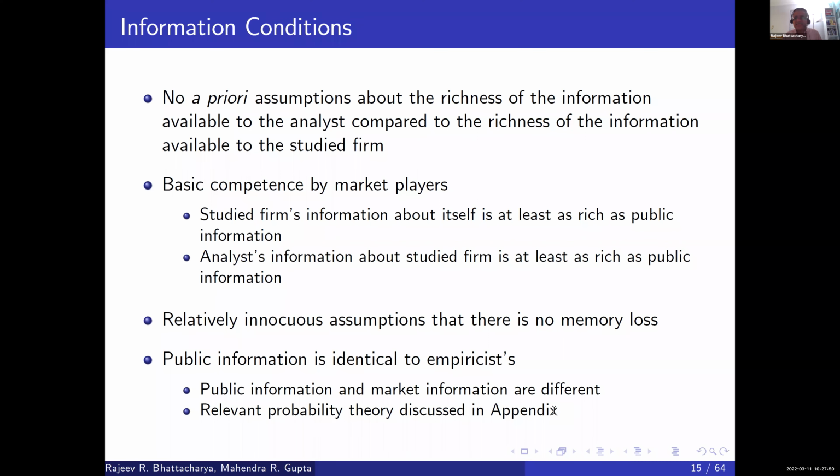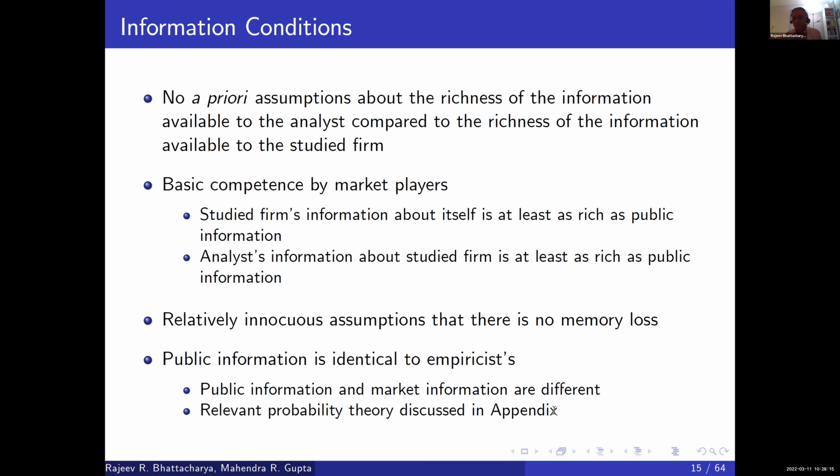And finally, this is the empirical foundation of our paper: public information is identical to what the empiricists observe. So the data that we have is the same as the public information available to the public. When I say the public, I mean everybody knows that everybody knows.